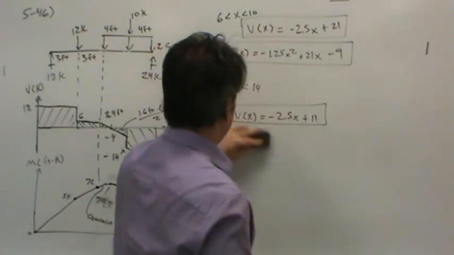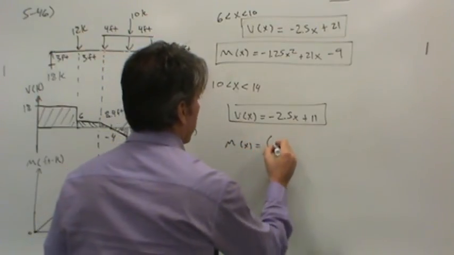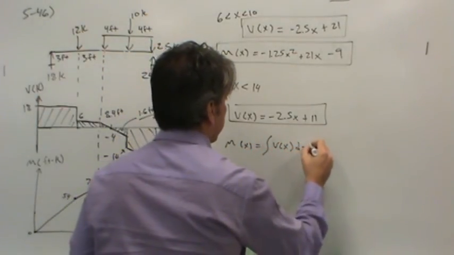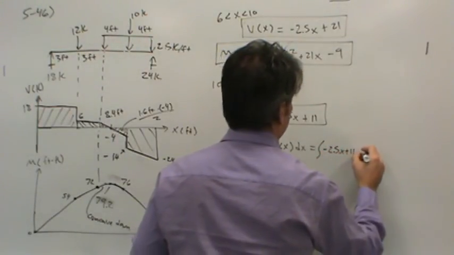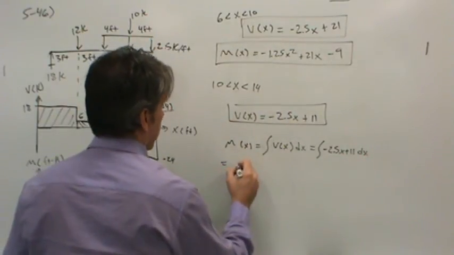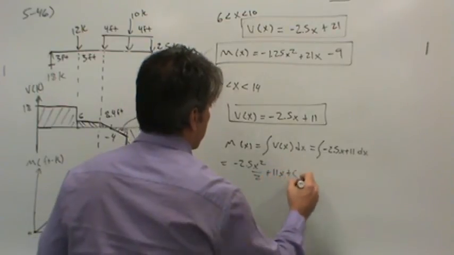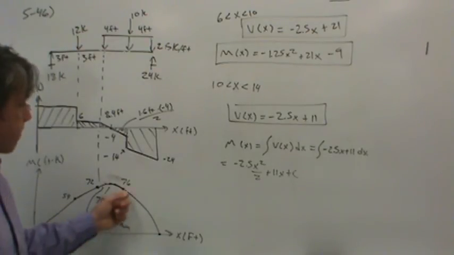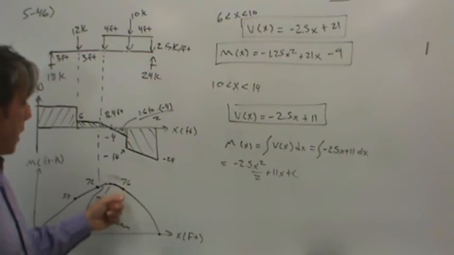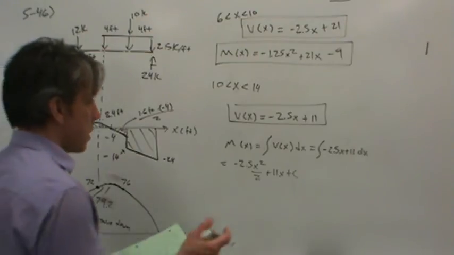So let's integrate it. Why do we want to integrate it? Well, because the moment is the integral of the shear. And so integrating negative 2.5x plus 11 dx, we find that this is negative 2.5 x squared over 2 plus 11x plus some constant of integration. Plug in the end conditions again. At x equal to 10, we should end up with a moment of 76.